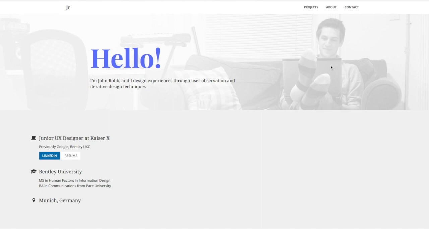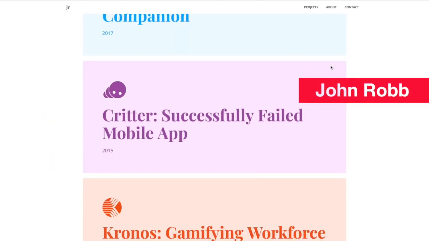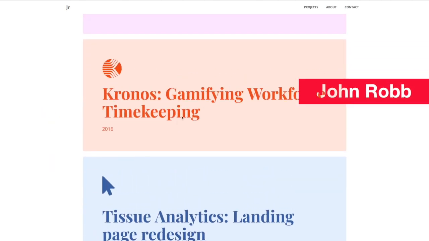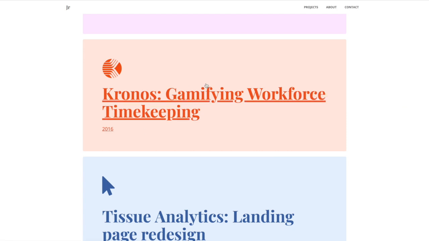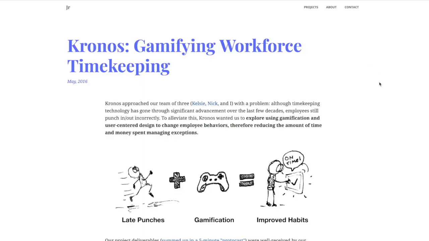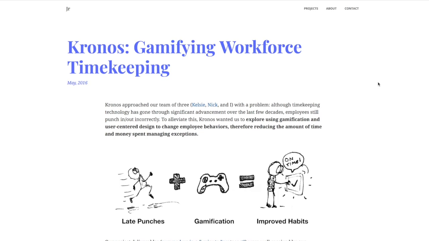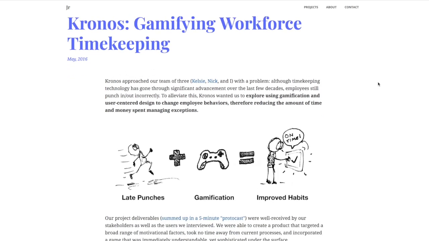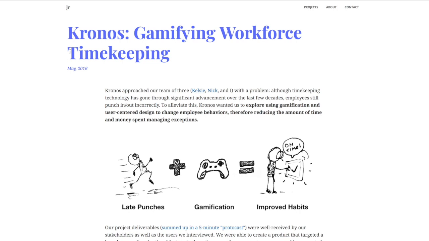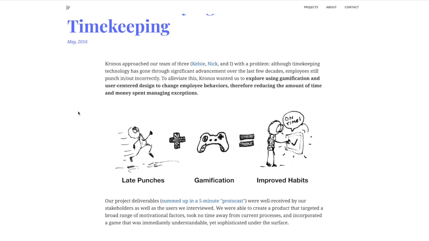Here's another example, John Robb, titled Timekeeping. Great headline already, you have some understanding what this project is about. He goes on to say, Kronos approached our team of 3, Kelsey, Nick and I, with a problem. Although timekeeping technology has gone through significant advancements over the last few decades, employees still punch in and out incorrectly.